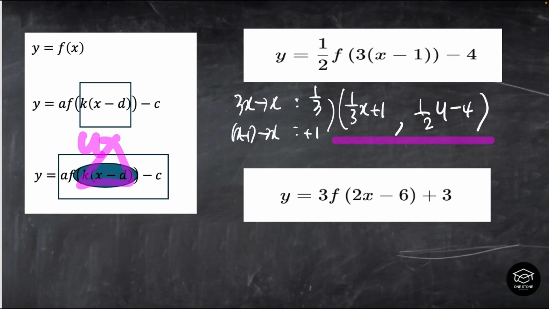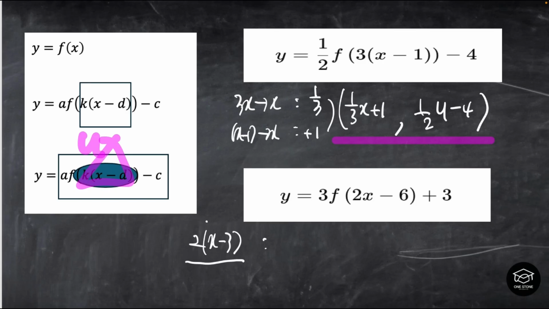Now a second example. Suppose y equals f of x is transformed into y equals 3 times f of (2x minus 6), then plus 3. Let's factor the expression inside the function. f of (2x minus 6) can be rewritten as f of 2 times (x minus 3).